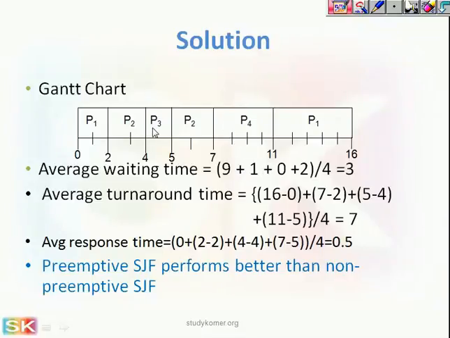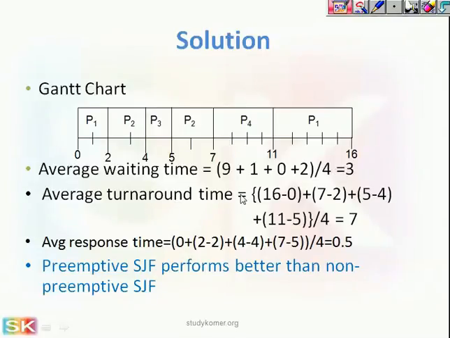P3 was submitted at time 4, got the CPU at 4, and so it waited for 0 seconds, right? P4 was submitted at time 5, got the CPU at 7, so 7 minus 5, that is 2, divided by 4 equals 3, right?